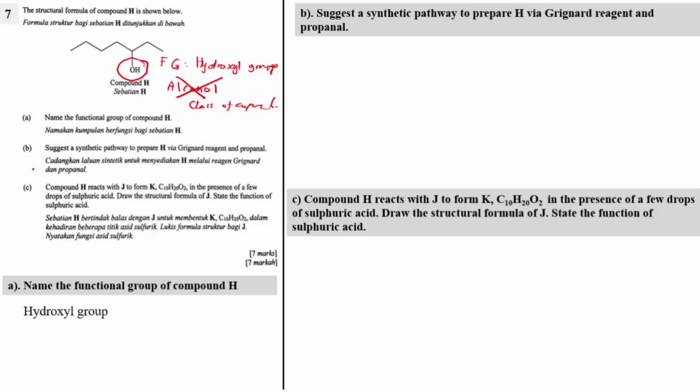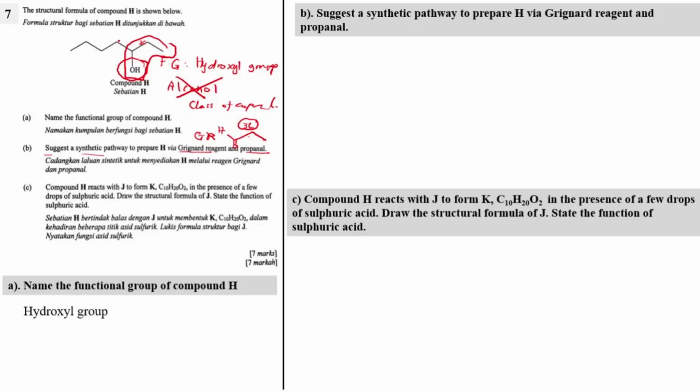So the functional group is supposed to be the hydroxyl group. And for question 7b, you need to suggest a synthetic pathway to prepare H via Grignard reagent and propanal. Propanal here will have 3 carbons, 1, 2, and 3, and then it's going to have the aldehyde group, double bond O, and then H. So we need to make a Grignard reagent in order to link this one and this one in order to produce this compound H. Logically speaking, the 1, 2, 3 carbons come from the propanal.